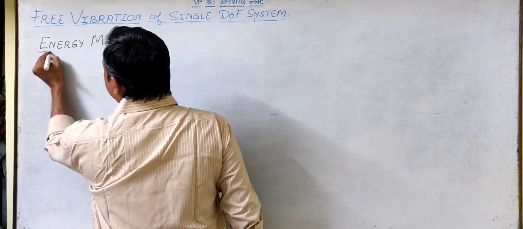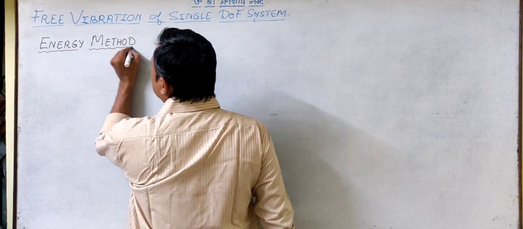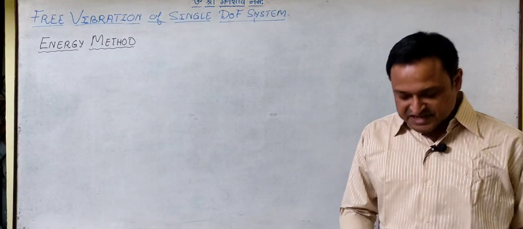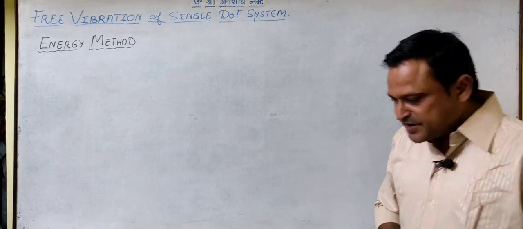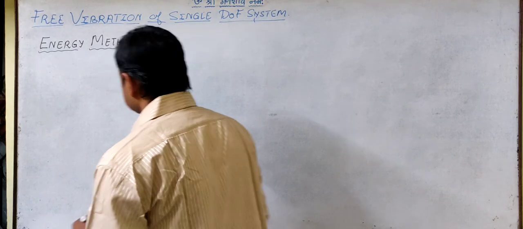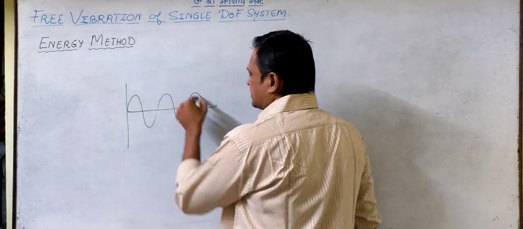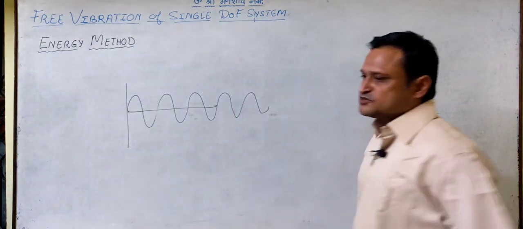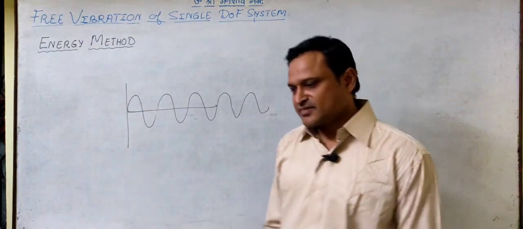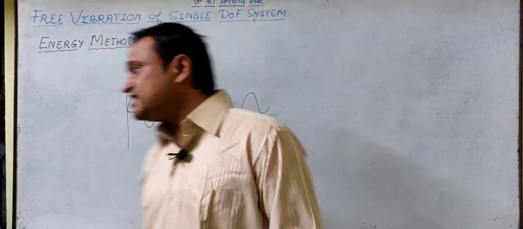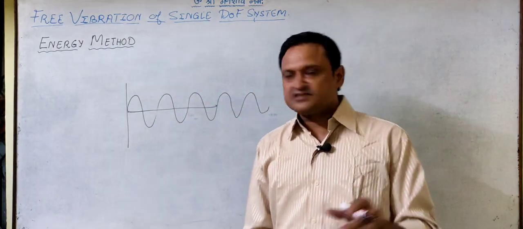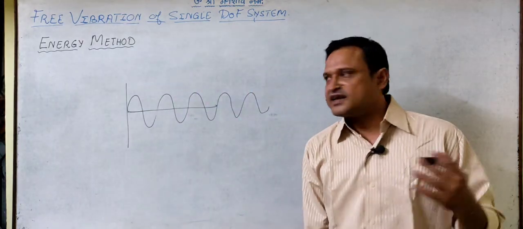Now, if you remember during the classification, we talked about damped vibration and undamped vibration. In case of undamped vibration, it is assumed that the dissipation component is quite negligible. It is existing, but it is quite negligible.